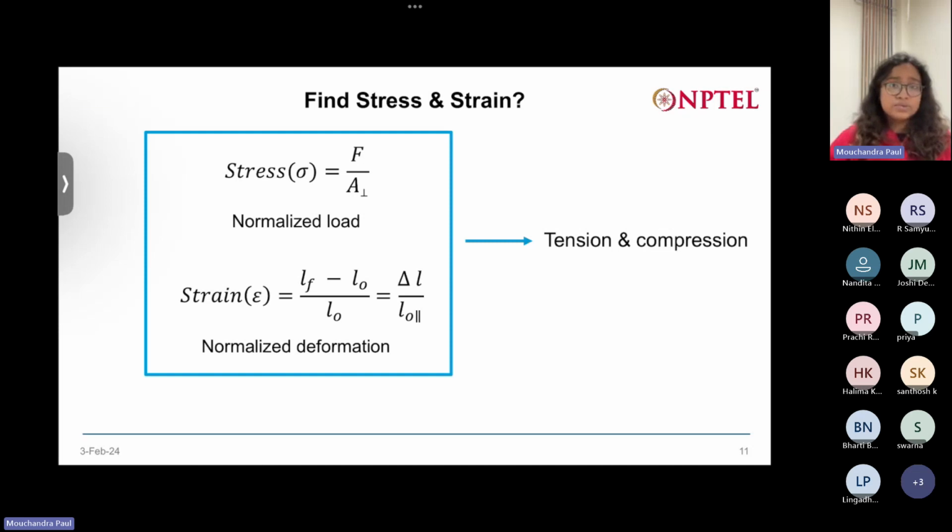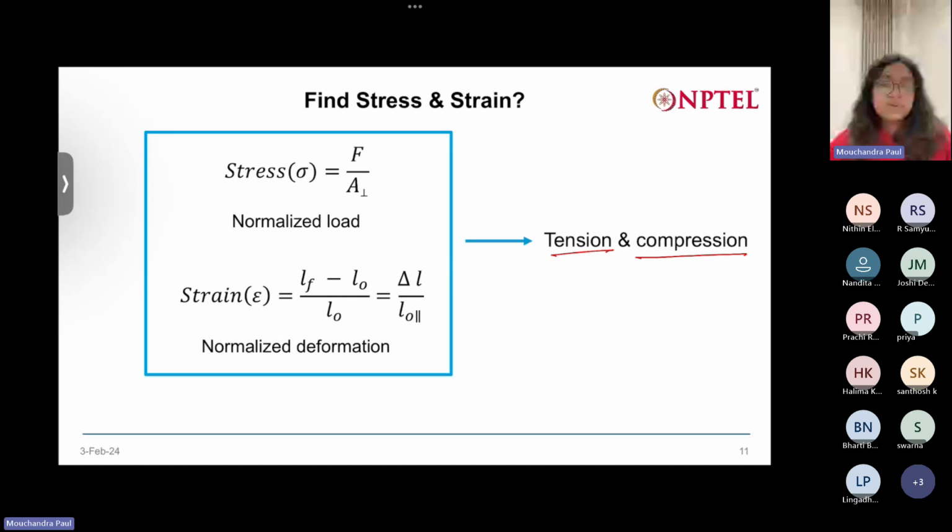Now we will try to do some problems using the definitions of stress, strain, and Young's modulus. During this course we have only looked into tension and compression types of forces, but just for your knowledge, when we are working with materials in the presence of some flow, shear also becomes an important mechanical property to examine.